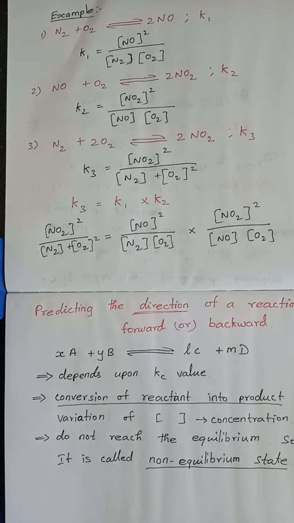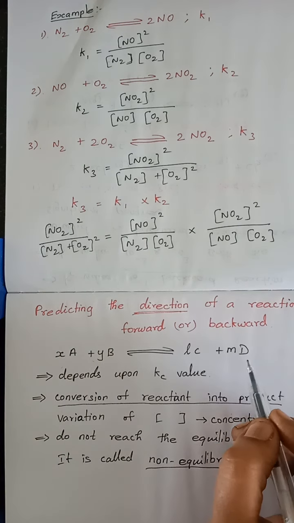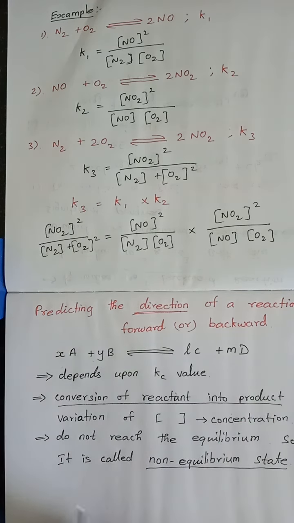Okay, so in this non-equilibrium state, calculate the product active mass and reactant active mass. You write the reaction is called the stoichiometric coefficient.